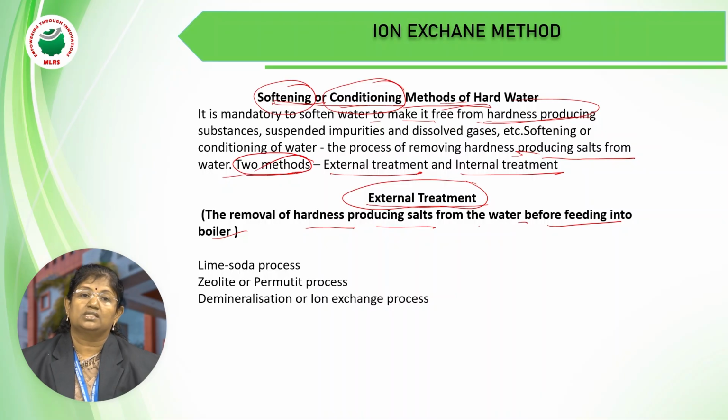All the troubles, such as scales, sludges and caustic embrittlement, we discussed in earlier classes; we face them when steam is generated. In order to avoid that, the water is treated to make it soft, that is, the hardness is removed either before sending it into the boiler or within the boiler.